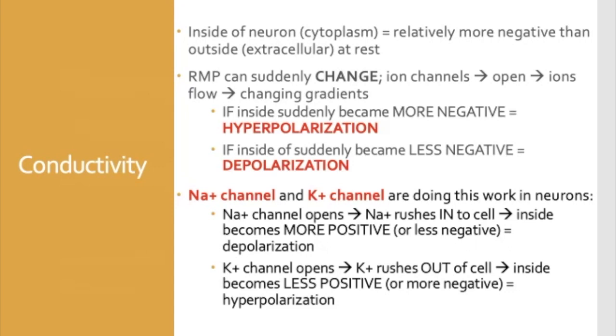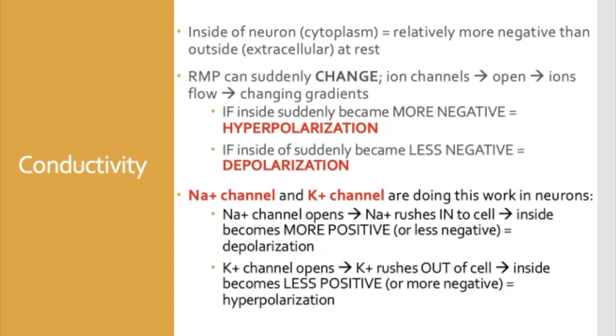So we talked about this concept that resting membrane potential is a gradient of charge across a cell membrane. Remember, all cells have this resting membrane potential. And all that means is that there's a differential in the concentration of certain molecules on both sides of a cell membrane.